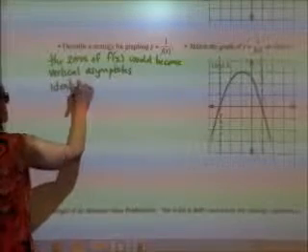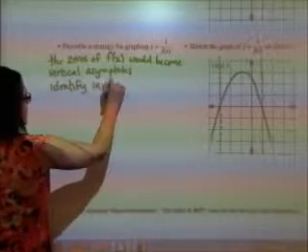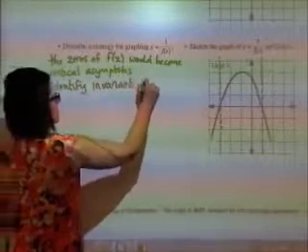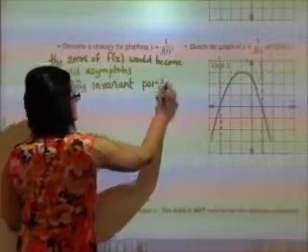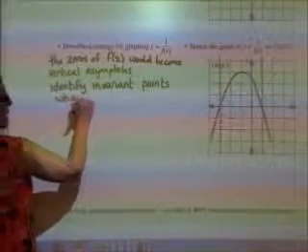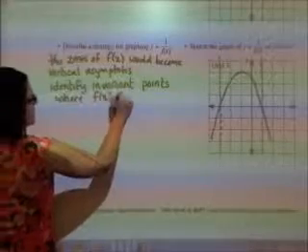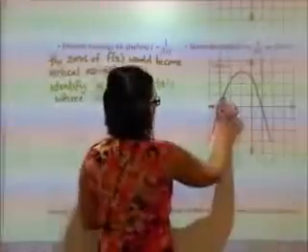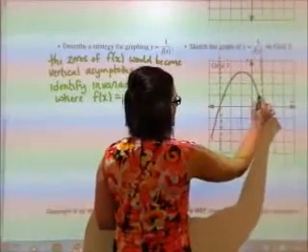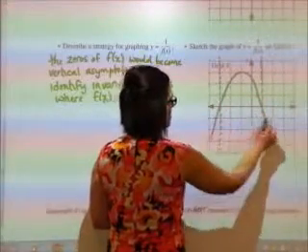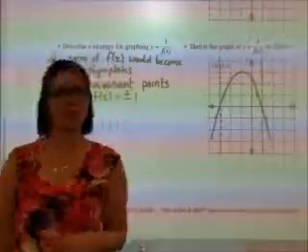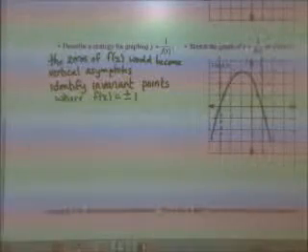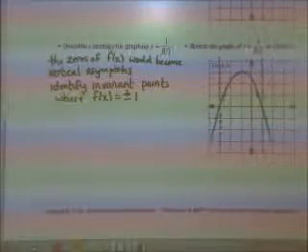So I would then identify invariant points where f of x equals positive or negative 1. So that would be here, and here, here, and here. Those would be my invariant points.